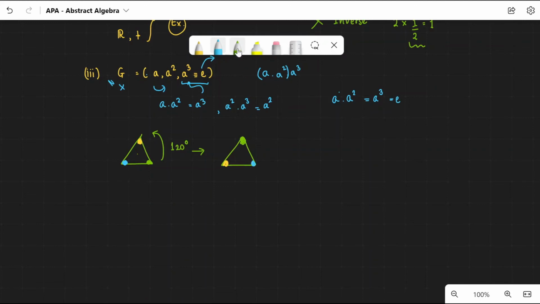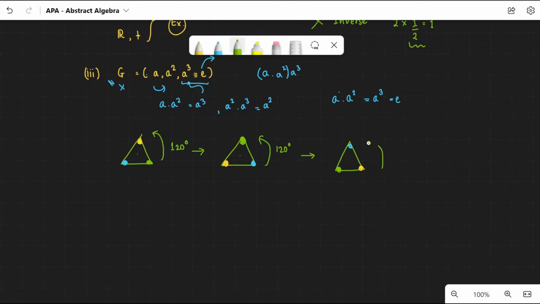If we repeat that thing with 120 degrees like this about its center, then again the position of those colors will change. So the green one will now go to this position like this, the blue should be here, and the yellow will be here.